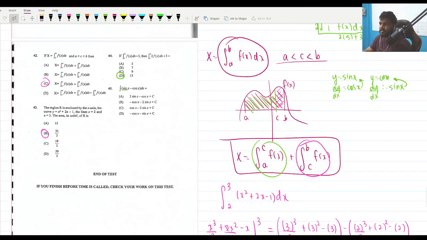So I want the integral of sine, so I'm looking for a negative cosine, which is here, here, and here. Minus cosine, the integral of cosine is sine, so it's minus sine. So I'm looking for a minus sine as well here. Good to go. Bob's your uncle. The answer is D.